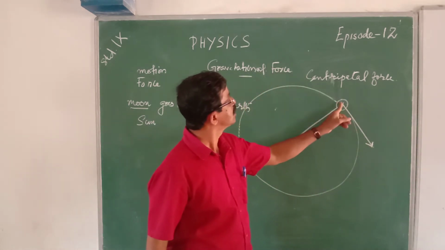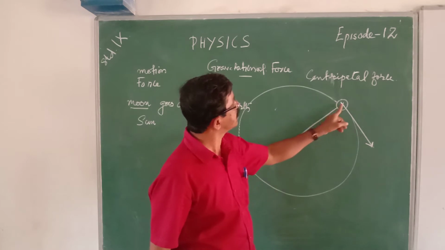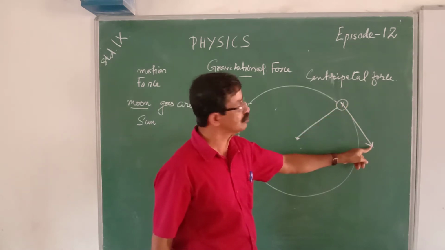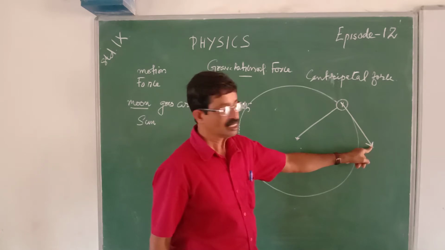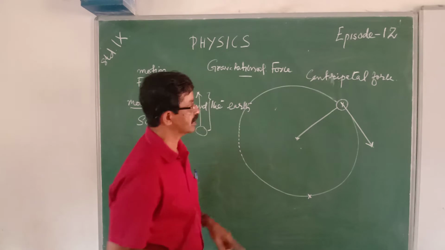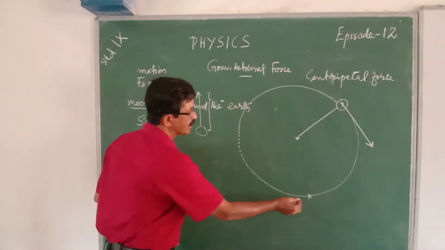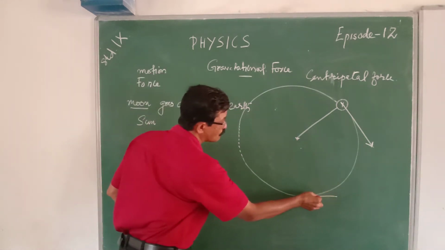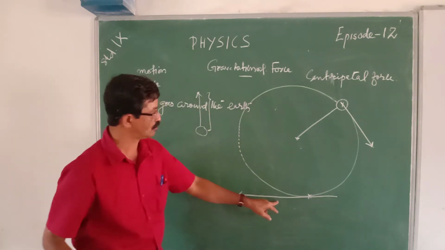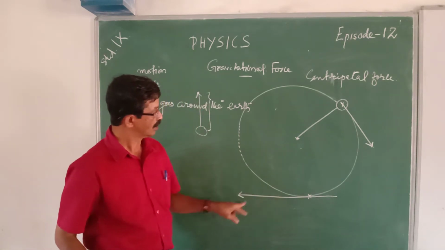That means if we draw a tangent at this point, then the path of the stone is along this line.